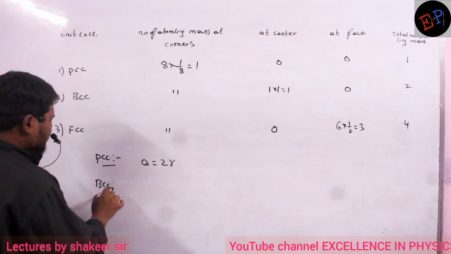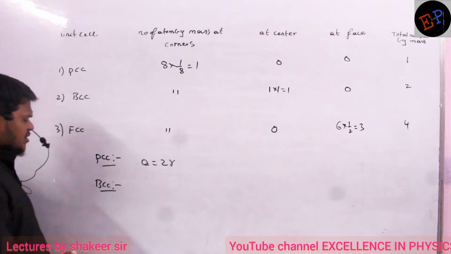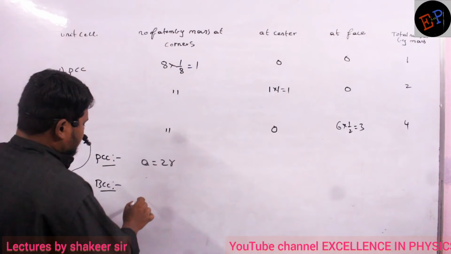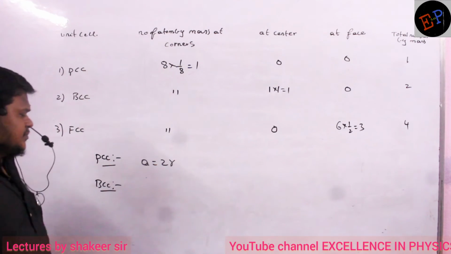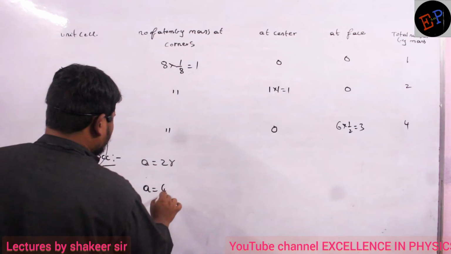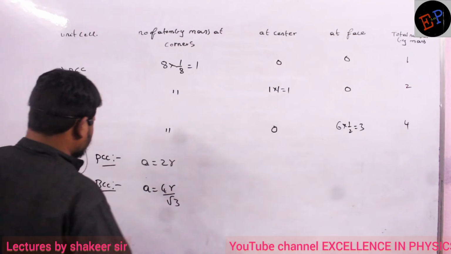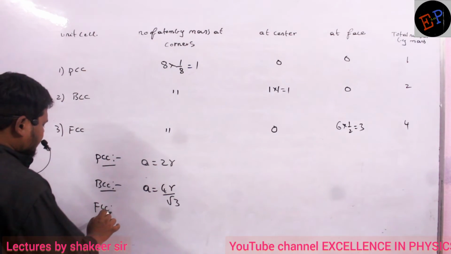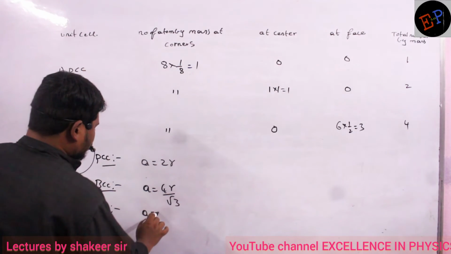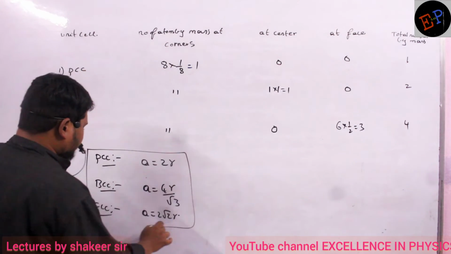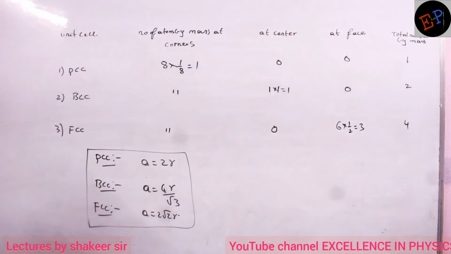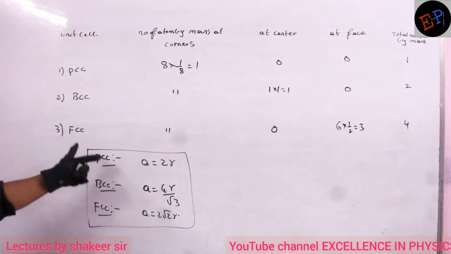For body-centered cubic, what is the relation? A is equal to 4r by root 3, that is, 4r divided by root 3. This is the relation. For FCC, A is equal to 2 root 2 into r. So these relations also you have to remember. Understood? Clear? These are the relations.